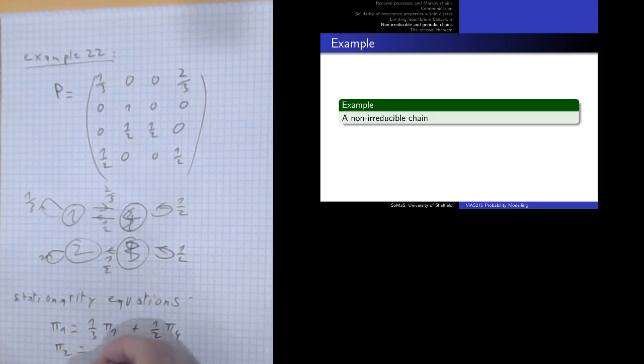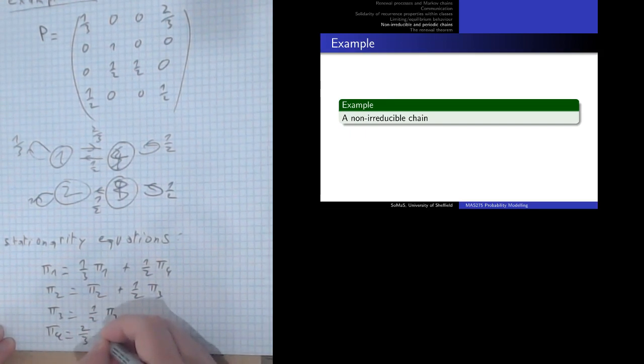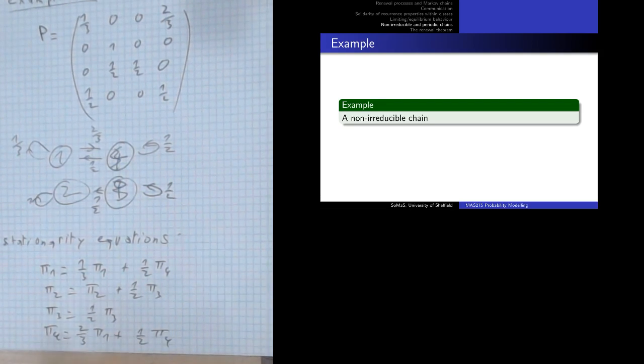Pi2 equals pi2 plus 1/2 of pi3. Pi3 equals 1/2 of pi3, and pi4 is 2/3 pi1 plus 1/2 of pi4.